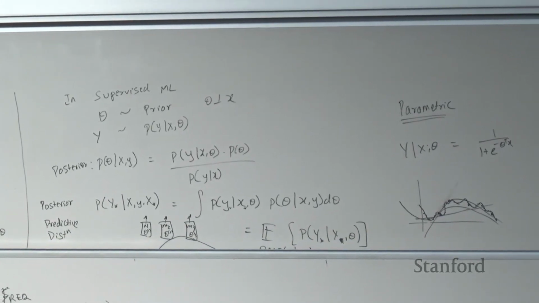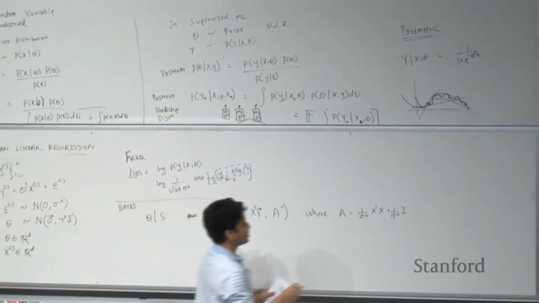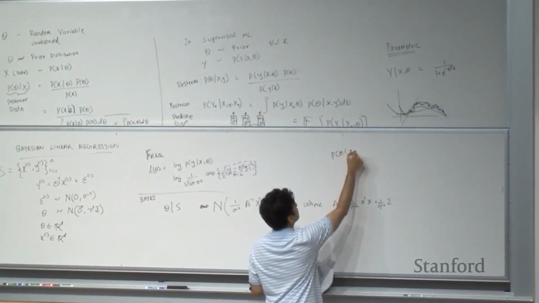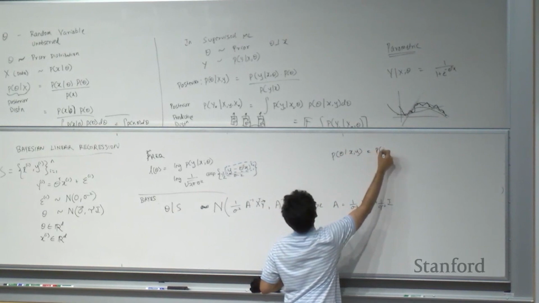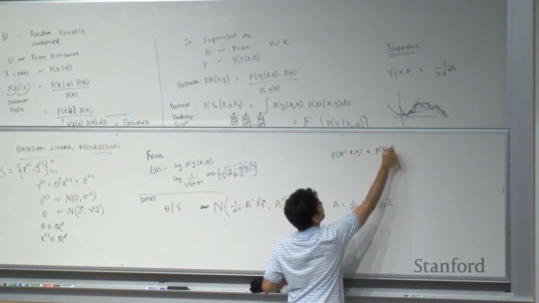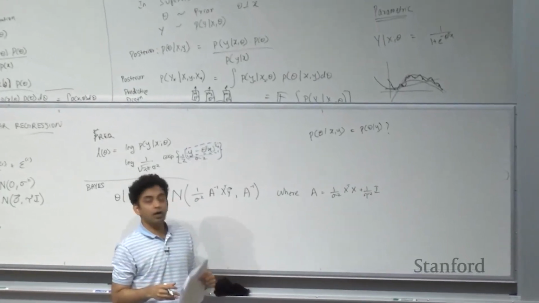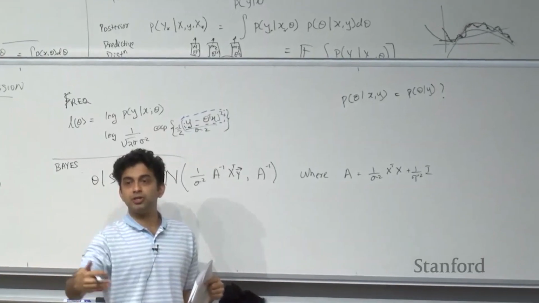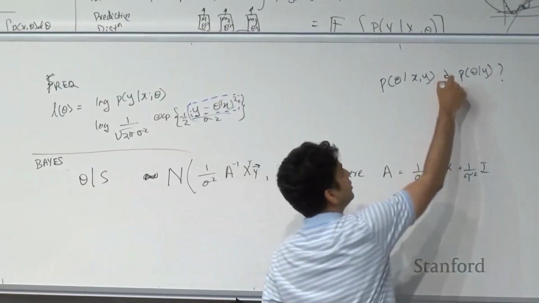So is the question, is P of theta given x comma y equal to P of theta given y? In general, no, because independence may or may not change once you condition on extra variables, right? Yeah, in general this is not true.